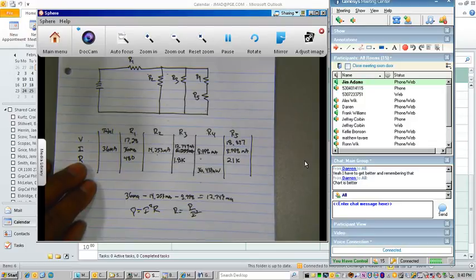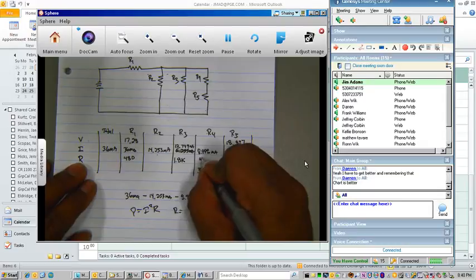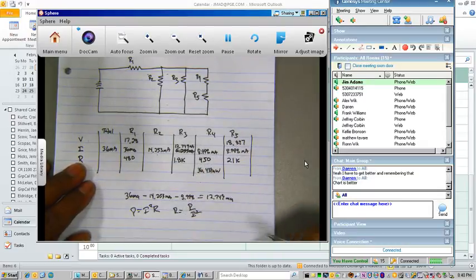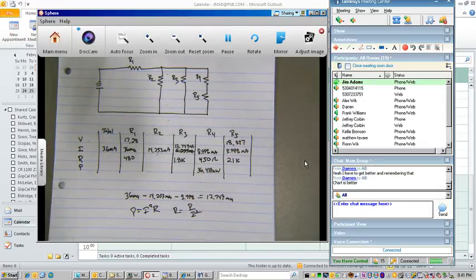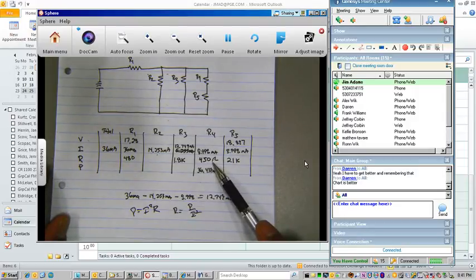So from that we can figure out our resistance, right? Remember, power equals I squared R. So R equals power over I squared. So let's go ahead and figure out the resistance of R4.